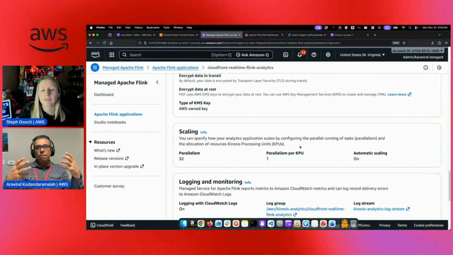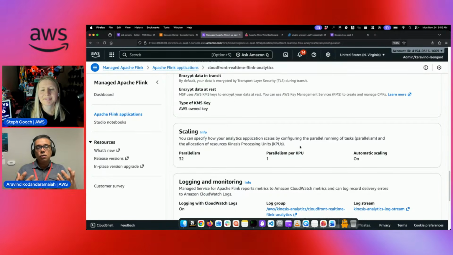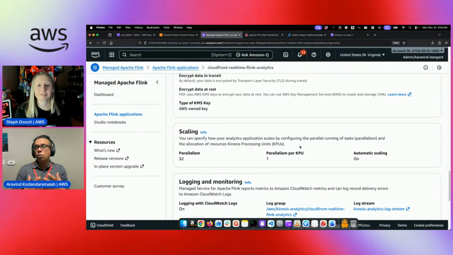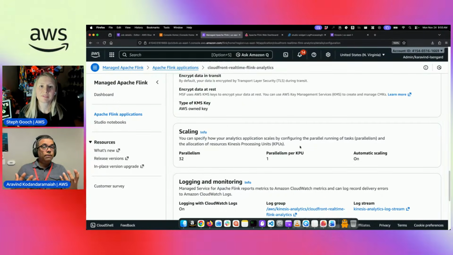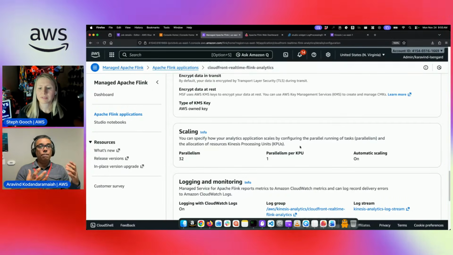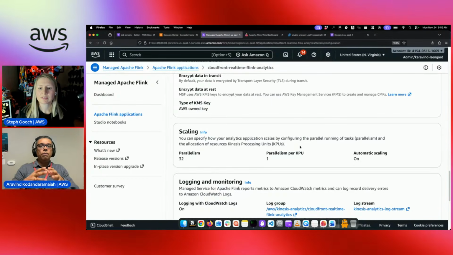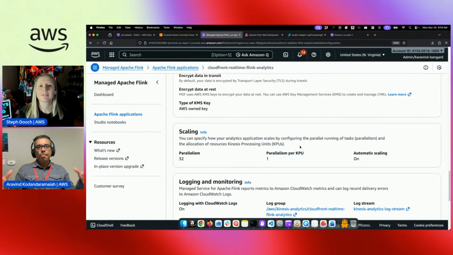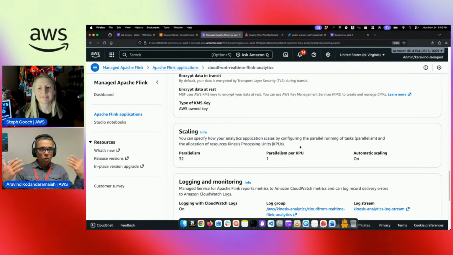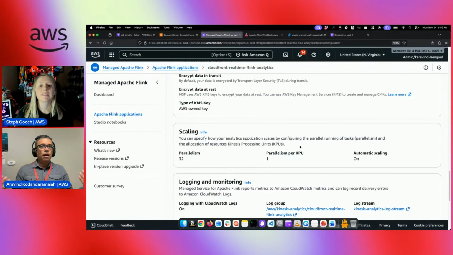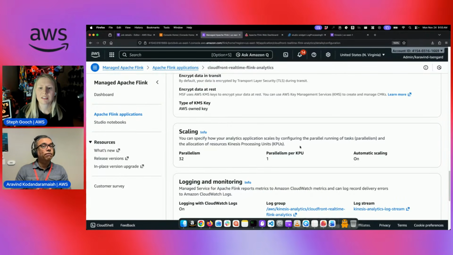So think about what it is that you're actually doing within your Flink application. You might want to do some load testing initially to come up with these numbers. Parallelism essentially means how many operators are going to be running in parallel to speed up the whole process of analysis that you're performing within Flink.